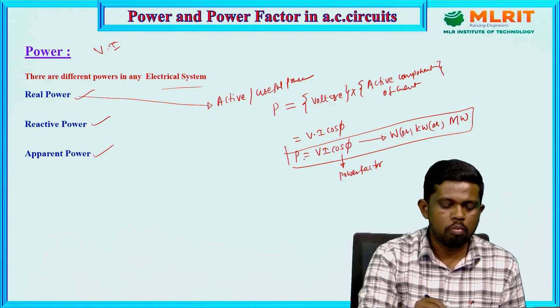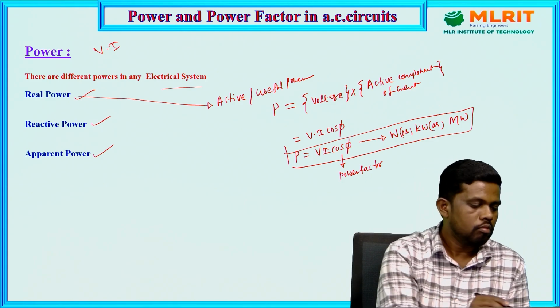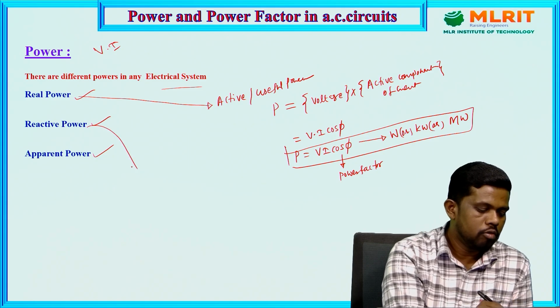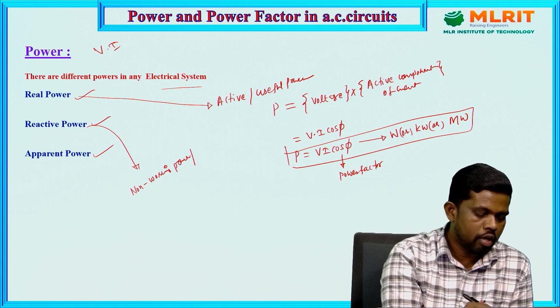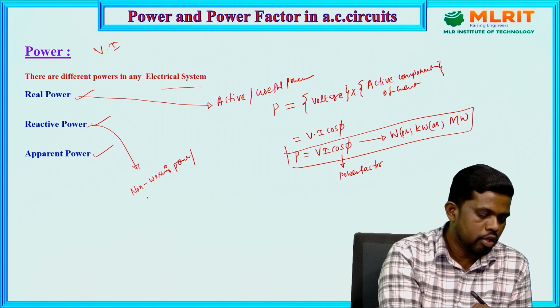That is equal to P equal to VI cos phi. Then coming to reactive power, it is simply a non-working power, also called useless power.